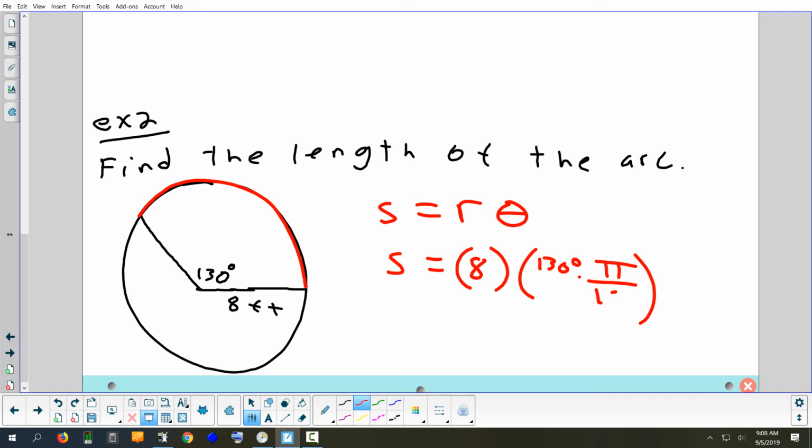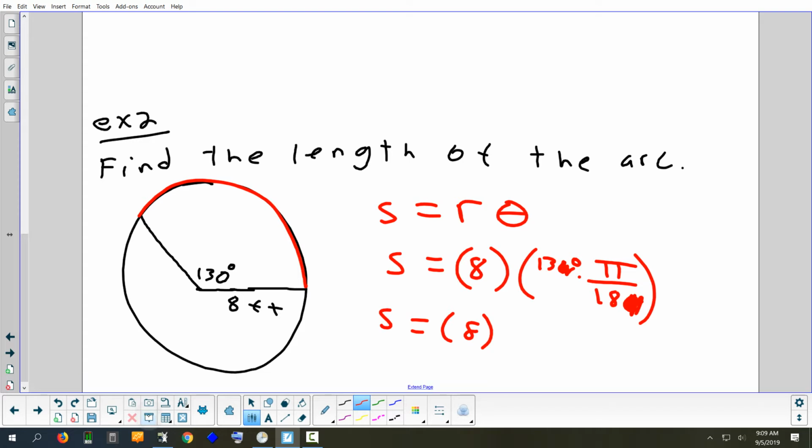Multiply by pi, divide by 180. And if they don't say use a decimal, then we don't have to type any of that in. Let's just reduce what we can. What number goes into both 130 and 180? 10. So I could start just by doing that. So now I have 13 pi over 18.